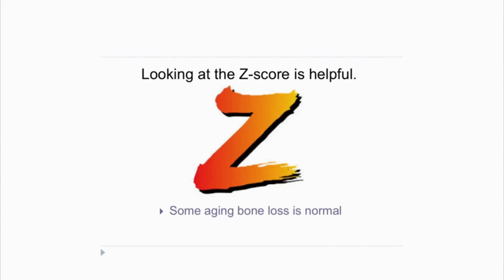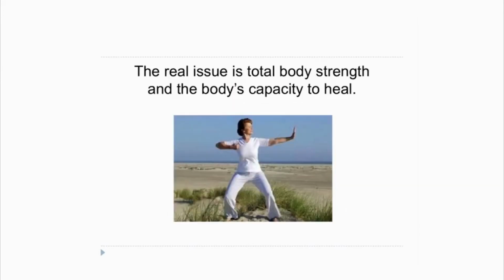Also, when you think about it, probably at least half of the women are going to have a meaningful osteoporotic fracture during their lifetime. So I like to see a Z-score that's better than the average person. But again, Z-score is not the only important factor. So we look at the Z-score, we look at the T-score, and then make a composite picture. The real issue is total body strength and the body's capacity to heal.